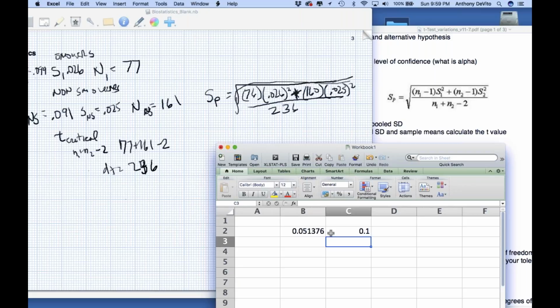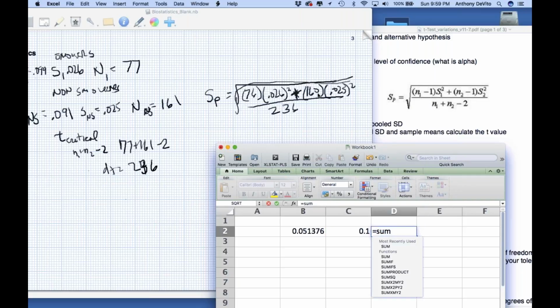Hit enter, and now I've got that number. Let me make sure I got that right. Yep, that looks good. Now I need the sum, so I'm just going to add those two together. That's the value in the top of my fraction, which I'm going to take the square root of, and 236 is in the bottom.